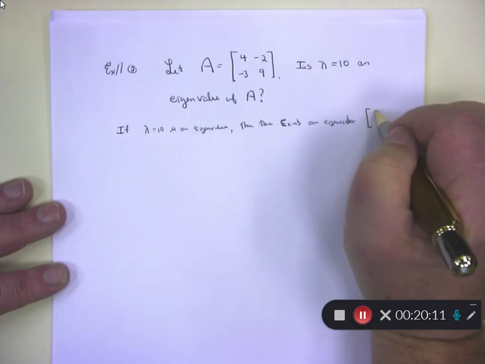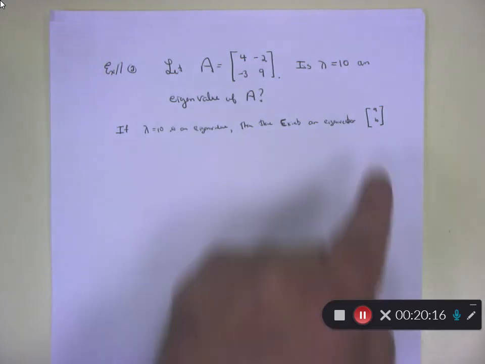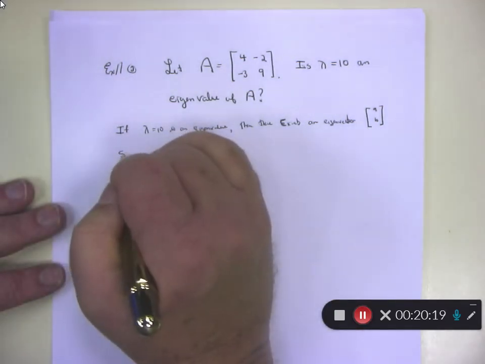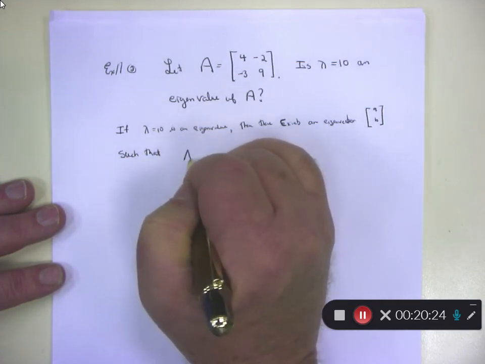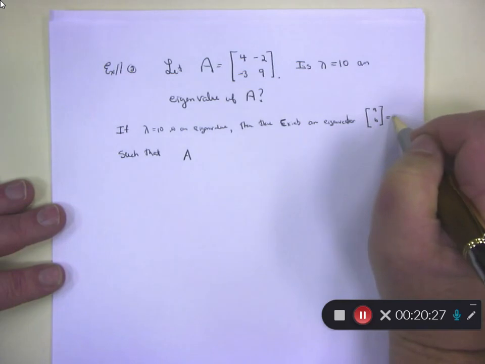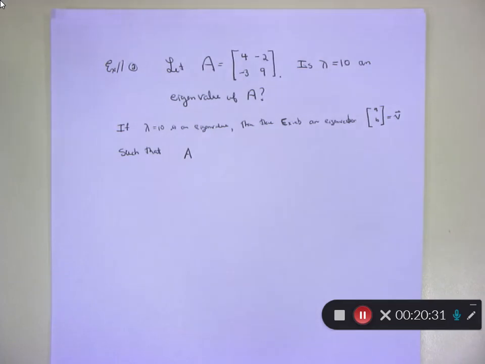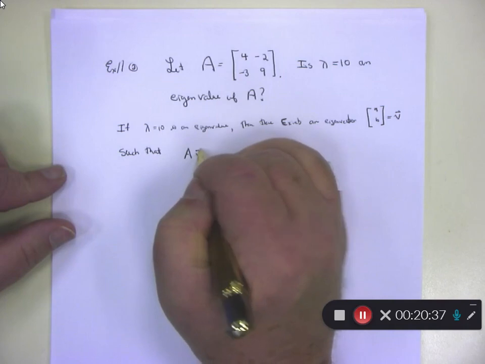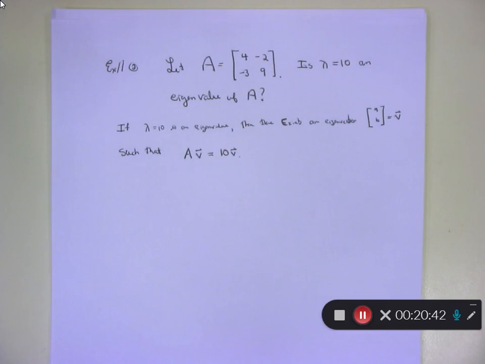This thing is 2 by 2, so I'm just going to call it (a, b), no imagination on this guy. There's going to be an eigenvector (a, b), and let's call it V, such that A times V would be equal to 10 times V. This is your definition of what it means to be an eigenvector and an eigenvalue. Does that make sense? All right.